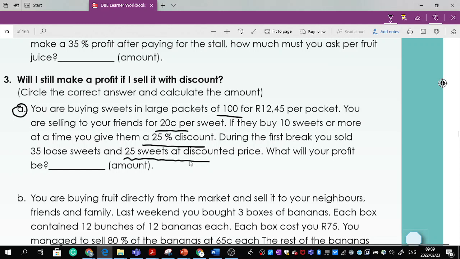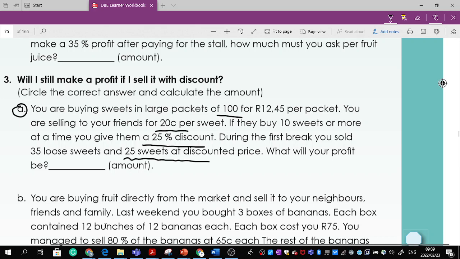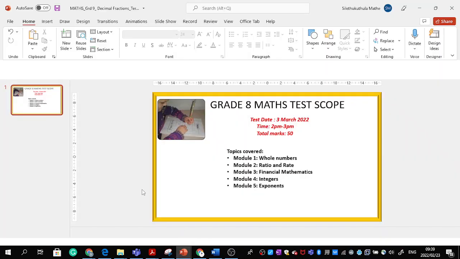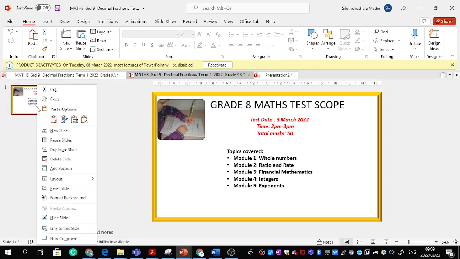Okay, so now I want to check, what will your profit be? So, who has an idea of how to go about it? I'm thinking of just switching to my board because I won't have enough space to work it out there.